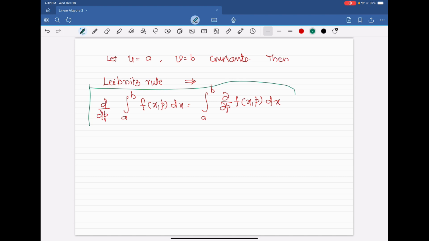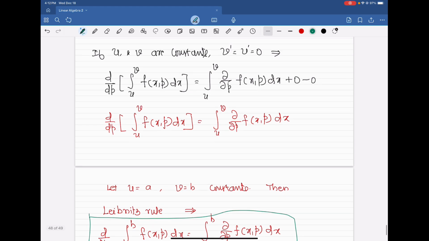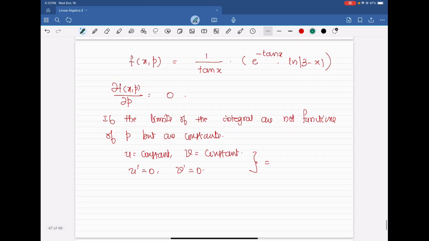If limits are constant, the Leibniz rule should be written like this. If the limits are variable, the Leibniz rule should be written in this way.